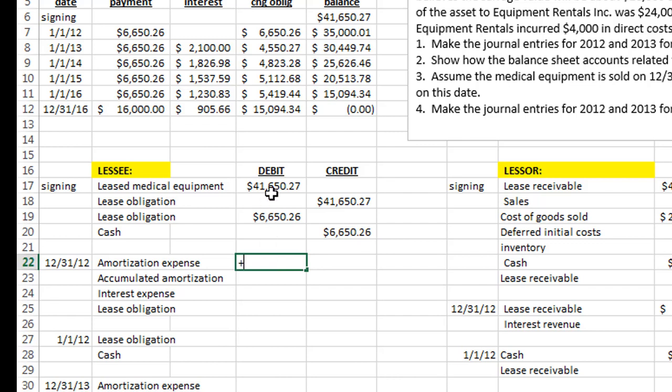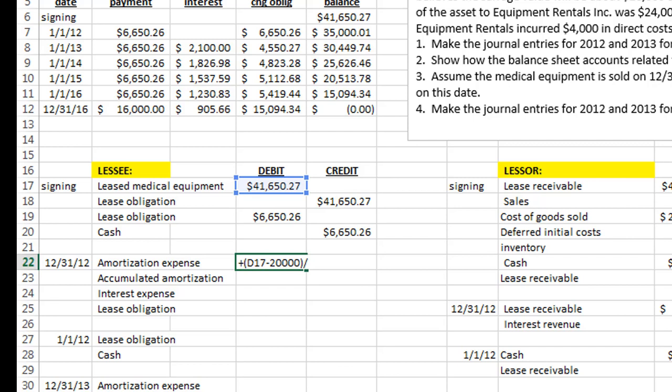All right, now at the end of the first year, they're going to have depreciation or amortization expense for this asset. Now the equipment's been capitalized at this, and we have a presumed salvage that they want to use of $20,000. Even though the required minimum salvage is $16,000, they can use something different. Now, they're going to divide by the lease term because they didn't toggle in a transfer of title or bargain purchase.